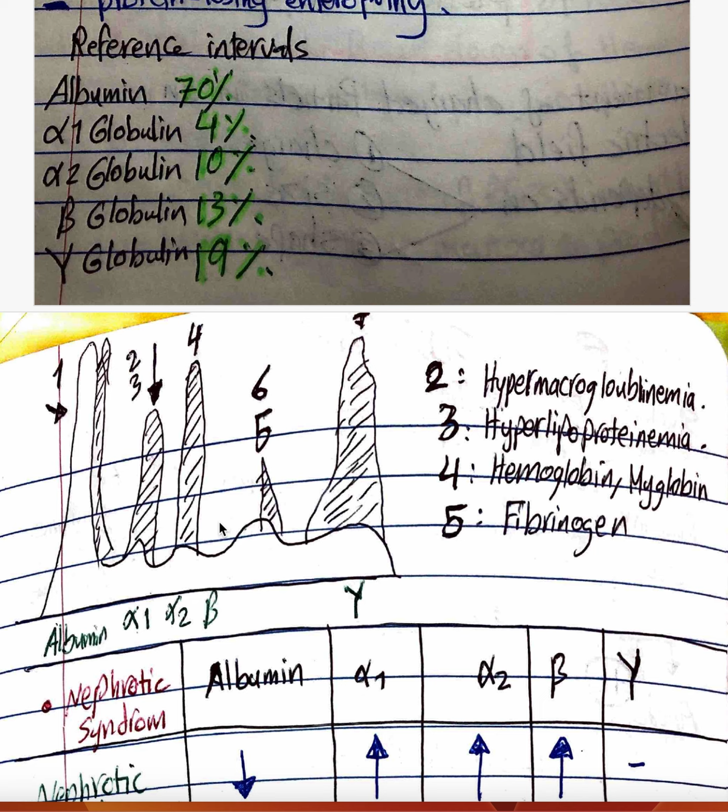Alpha is subdivided into alpha 1 and alpha 2. Alpha 2 globulin is haptoglobin, and for beta globulin we have examples like transferrin and coagulation factors.